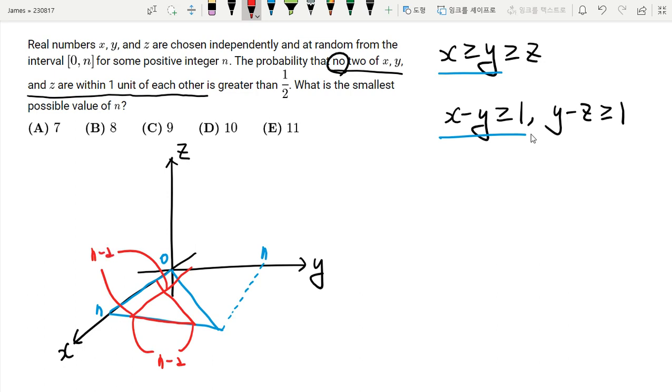And then we can extend this to the top of z. So that means z also goes up to n.